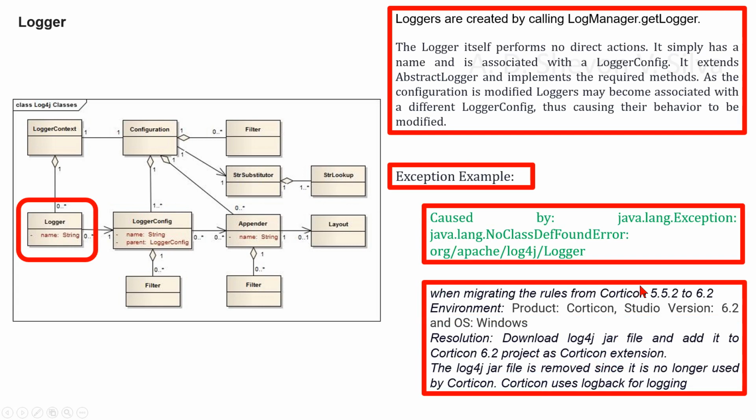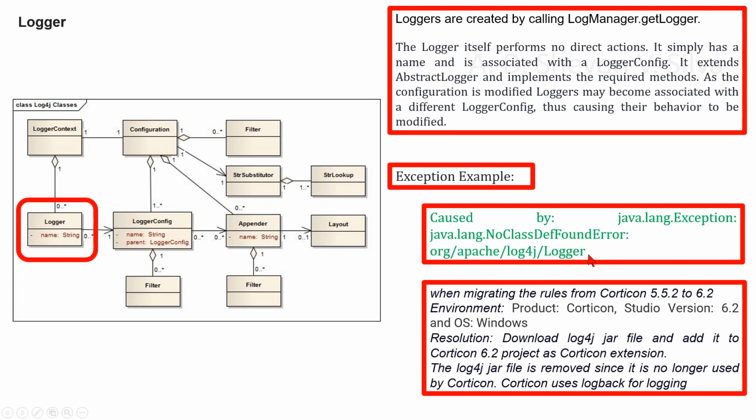As an example, we can consider an error that occurred when migrating rules from Corticon 5.5.2 to 6.2, with the environment of Corticon Studio version 6.2 on Windows.